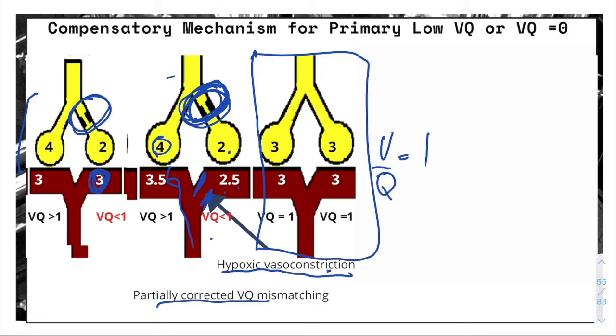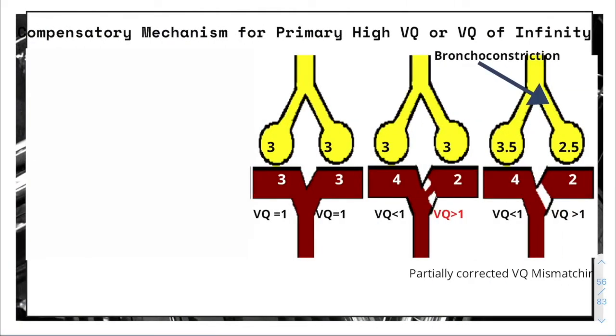The other side, the left side, will receive a higher blood flow that was supposed to go to this side, 3.5. So this will partially correct your VQ mismatching. So there would be vasoconstriction when you have ventilation problems.